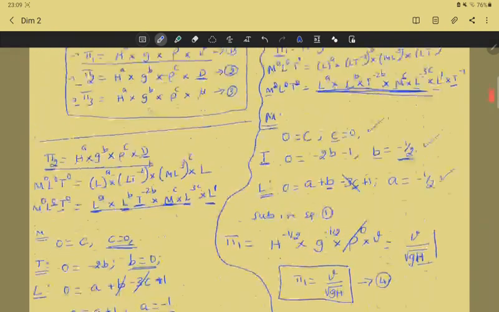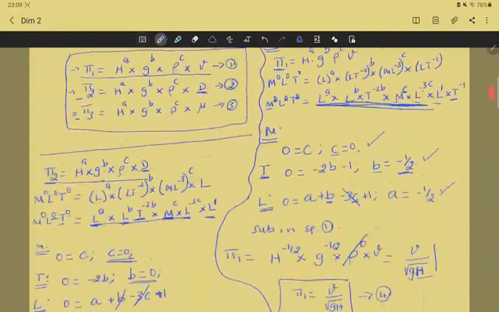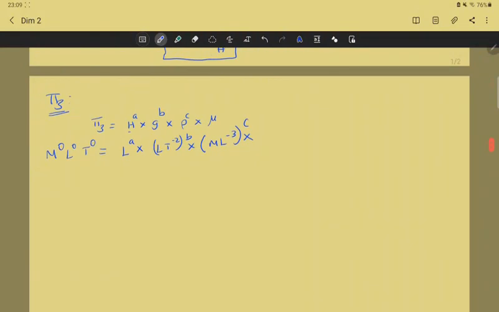What is the dimension for mu? Let's have a look. Mu is m l power -1 t power -1.